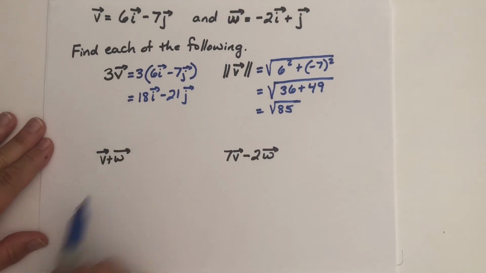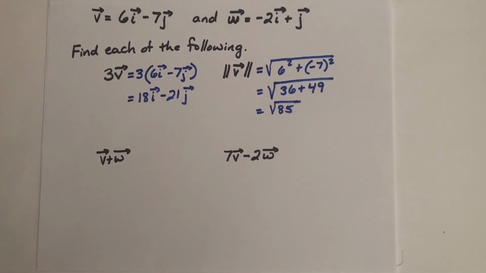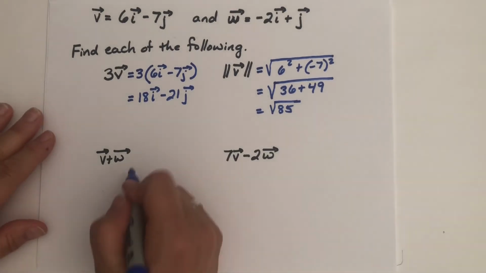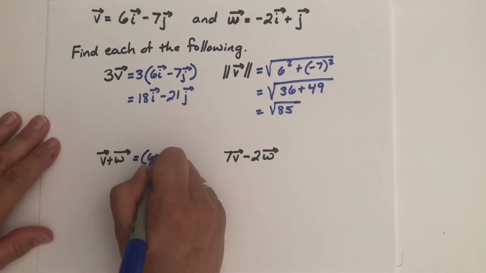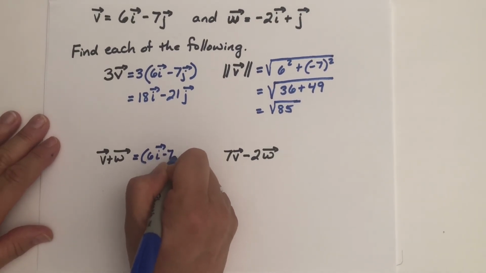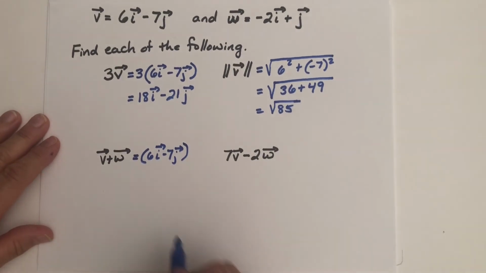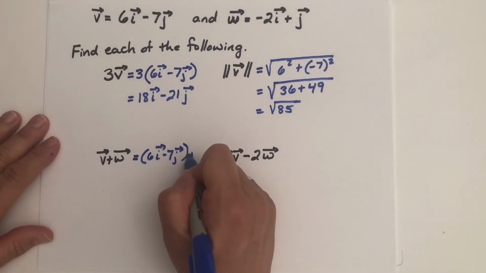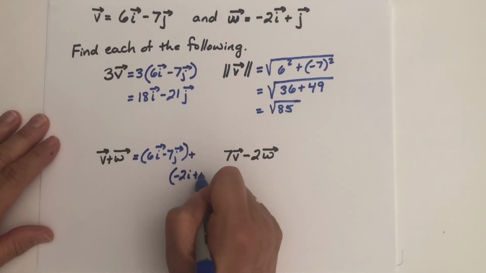Let's do the next one. The sum of two vectors. Remember, we add the horizontal components together and the vertical components together. So v plus w is 6i minus 7j plus negative 2i plus j.